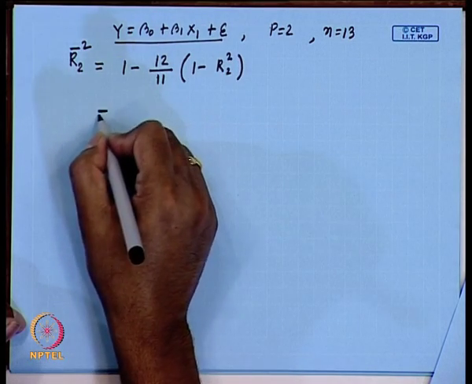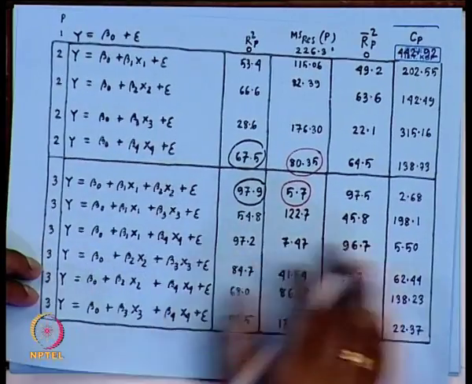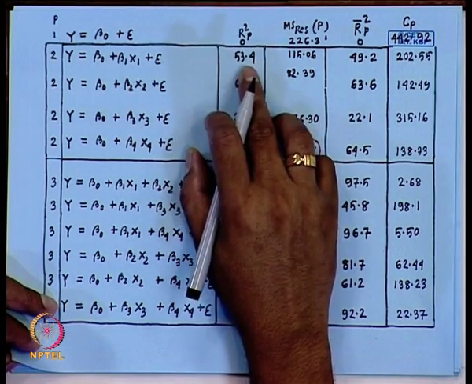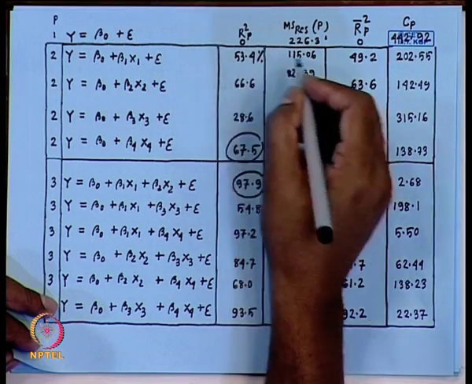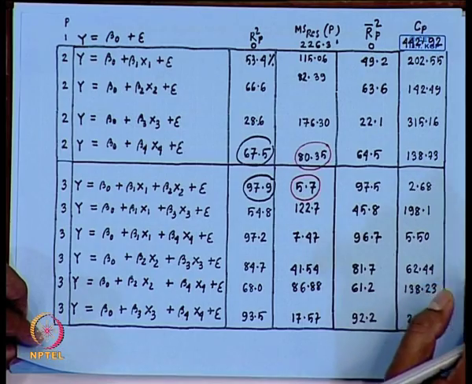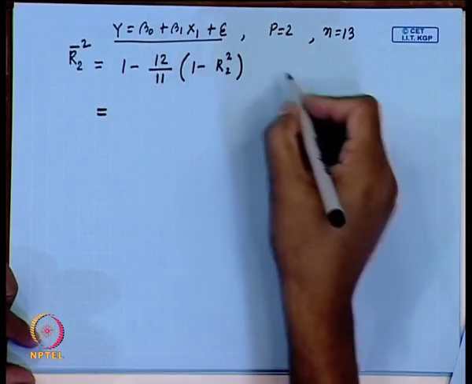Okay. So, what is the value of this R 2 square? The value was 53.4%. Okay. So, this one is nothing but 0.534.